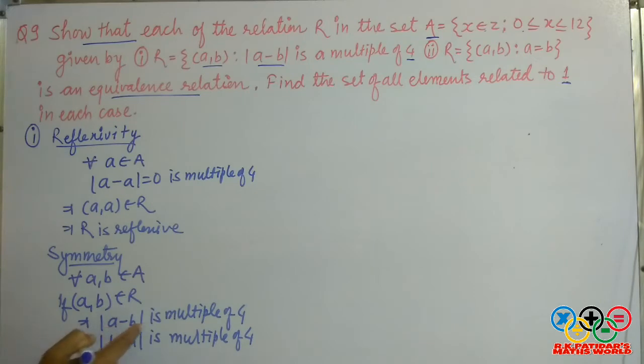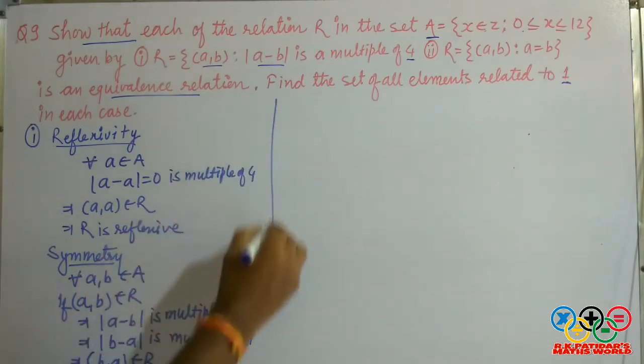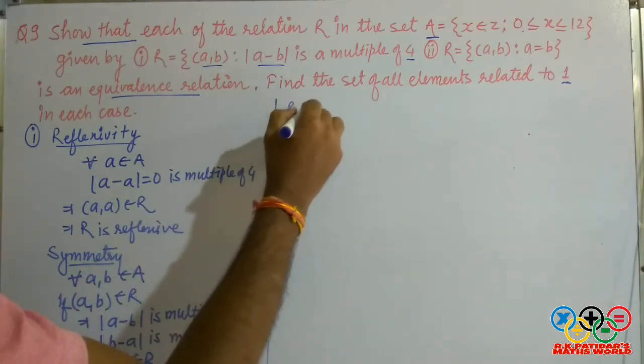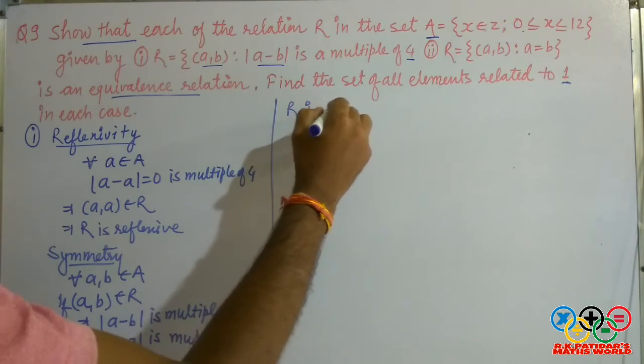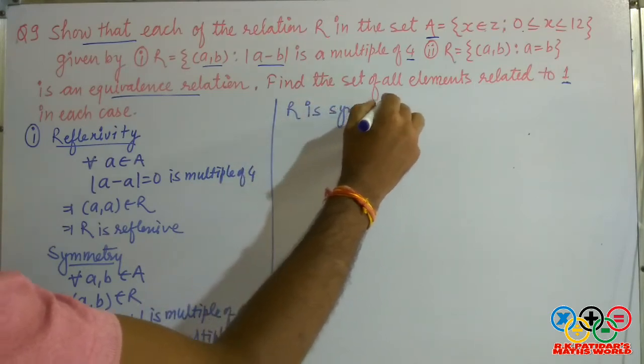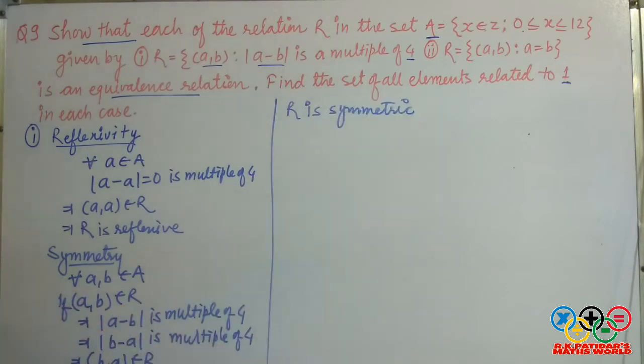Basically, mod of A minus B is equal to mod of B minus A. So this was also a multiple of 4. This implies (B, A) belongs to R. And if (B, A) belongs to R, this implies R is symmetric. ये जो रिलेशन होगा ये सिमेट्रिक हो जाएगा.